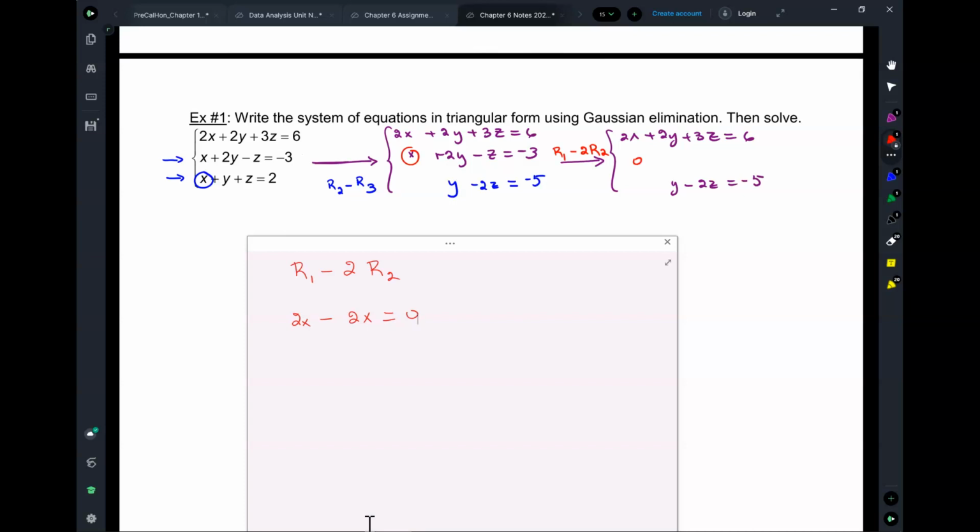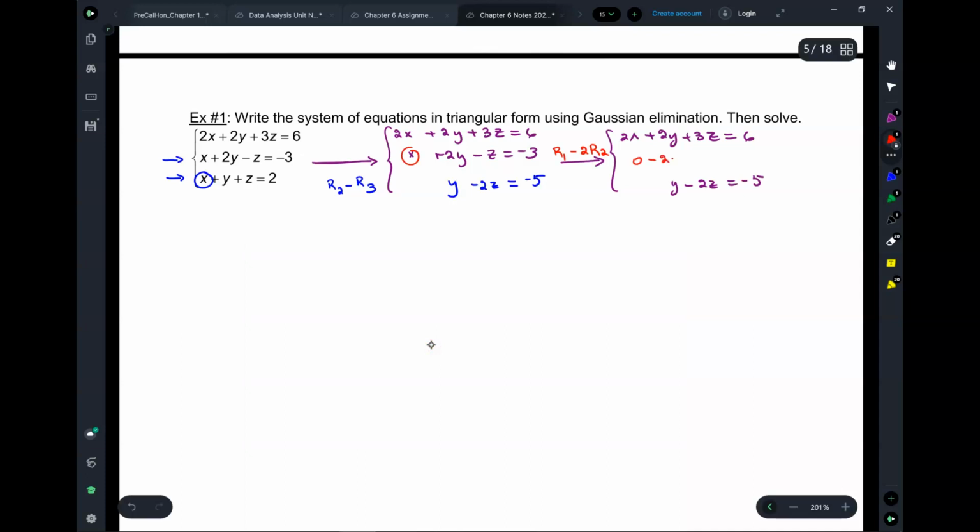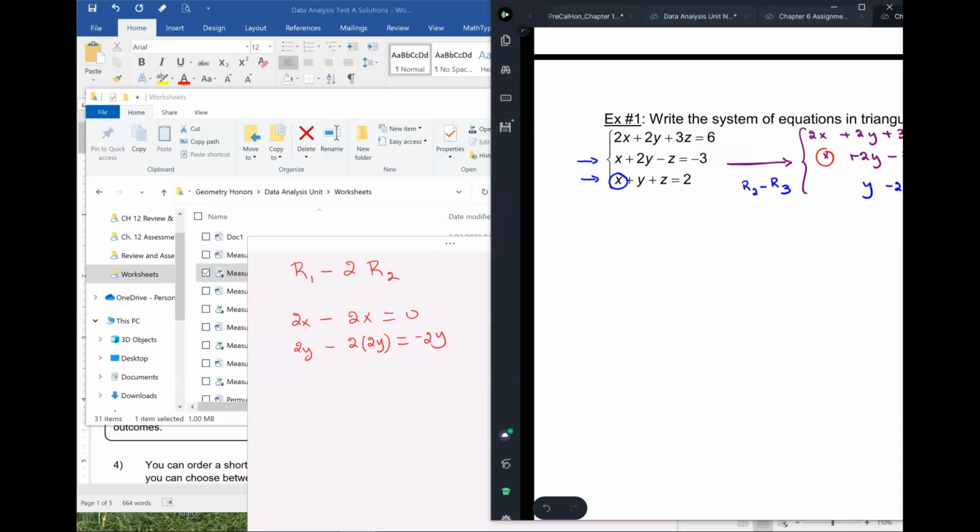Row 1 is 2y minus 2 times 2y. What does that equal? So that's 4y. 2y minus 4y, negative 2y. So this will be negative 2y. Next we're going to do the z's.